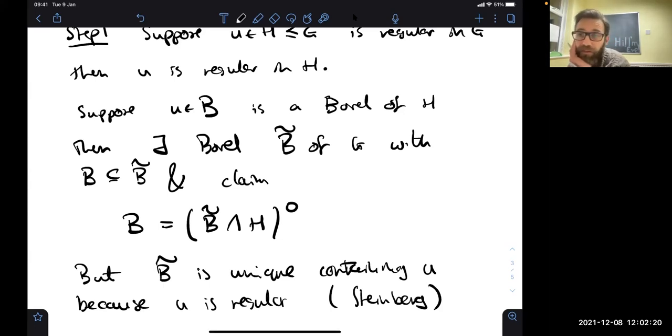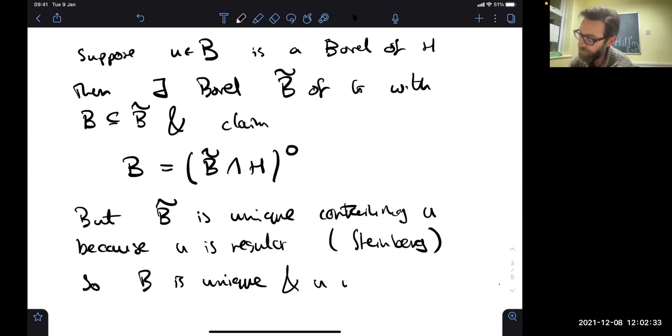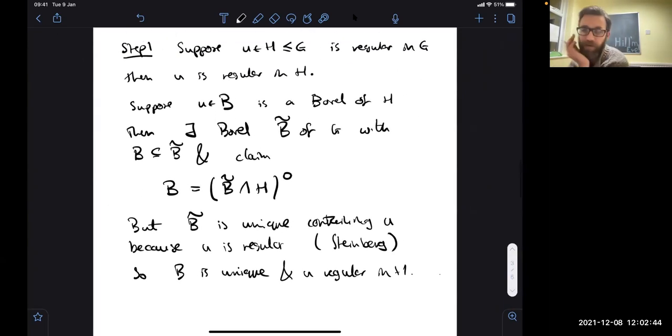Okay, so there was only one choice for B after all. So B is unique and U is regular in H as well. Okay, good. So we've shown that this notion of regularity for unipotent elements passes down nicely to reductive subgroups. So that's a good thing to know.